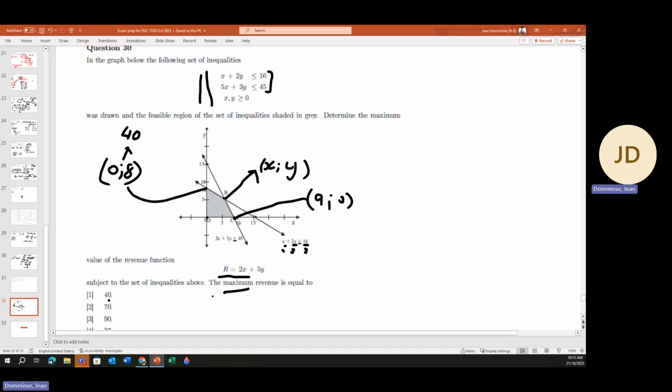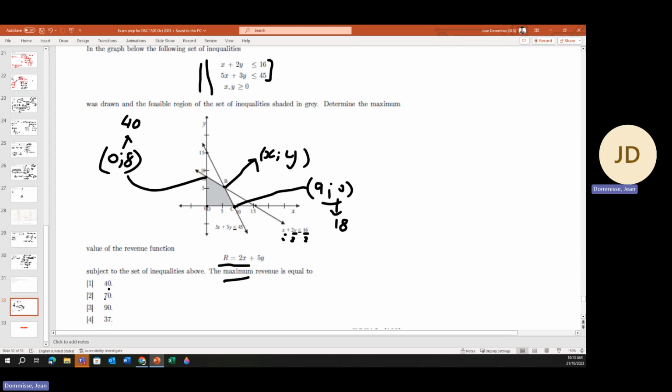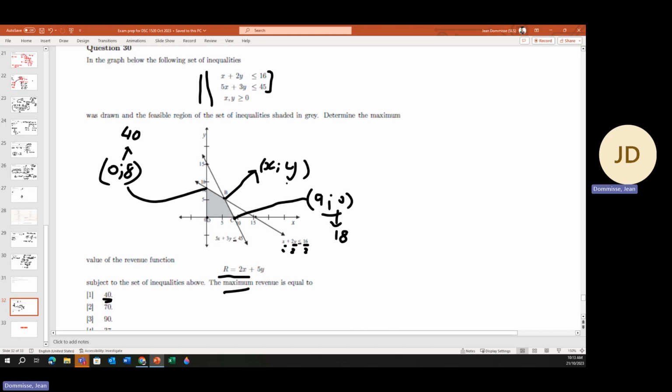If we take this point, the 9 and 0, we get the 9 is 18. The Y is 0, so the maximum revenue will be 18. So at this point, 40 is the most. Okay, so now we need to work out what this X and Y is.